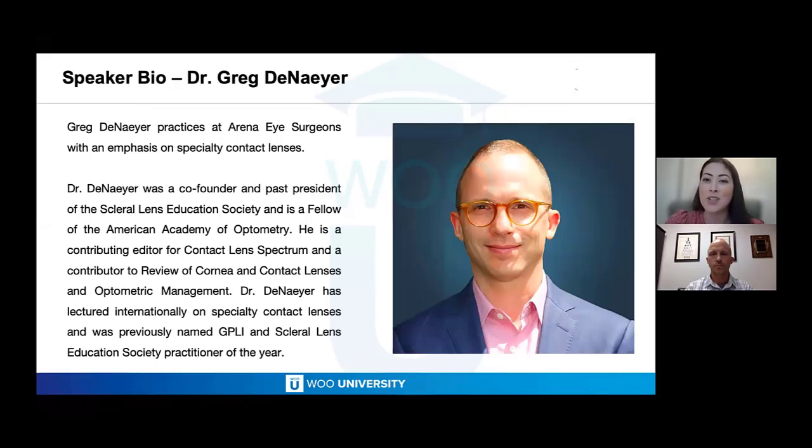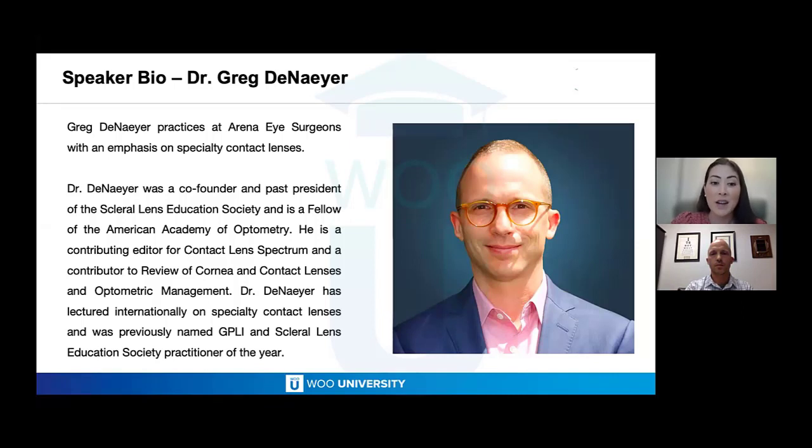And now it's my pleasure to introduce a good friend of mine, Dr. Greg Denayer. Dr. Denayer received his pre-optometry education at the University of Nebraska in Lincoln, Nebraska. Soon after, he attended college and received his Doctor of Optometry from the Ohio State of Optometry. And then he was eager to continue his education. So the next step was completing a residency at a hospital-based optometry clinic at the Chillicothe VAMC and Columbus VA OPC.